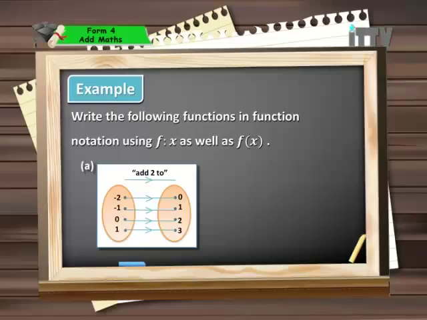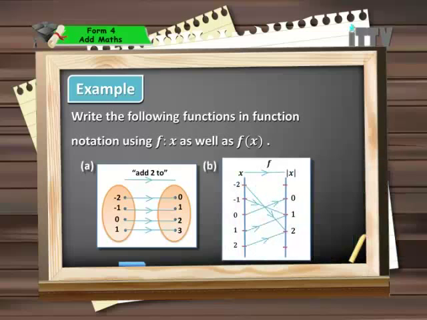The relation is to add 2. In part B, we have a relation where x becomes its absolute value of x, and the object values are -2, -1, 0, 1 and 2, while the image values are 0, 1 and 2 only.